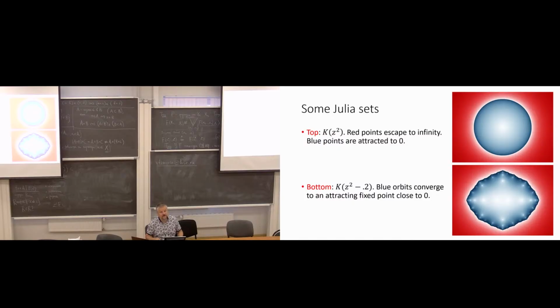If you take Z squared, just Z squared, C equal to 0, and look at the dynamics of this map, it can be completely understood. Namely, take any point inside the unit circle, point Z with modulus of Z less than 1. Then what happens with the orbit of Z?